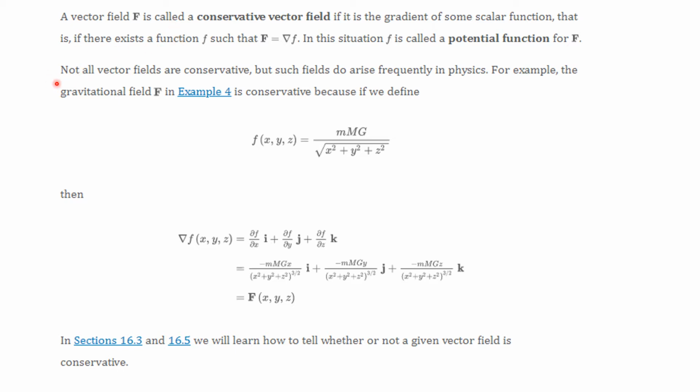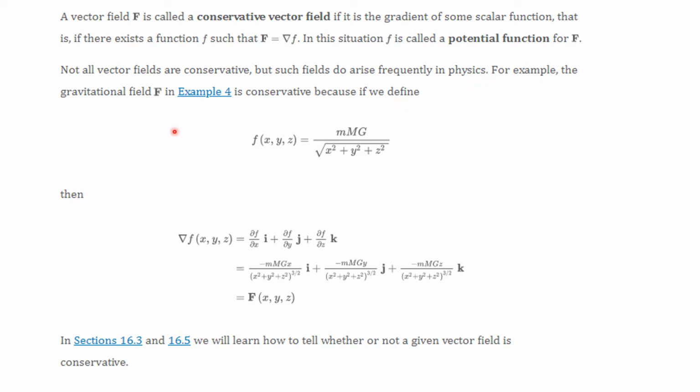Since we have a definition for this, you would expect that not all vector fields are conservative, but fields that do arise frequently in physics are conservative and have meaning that is important relative to the conservation laws of physics and engineering.